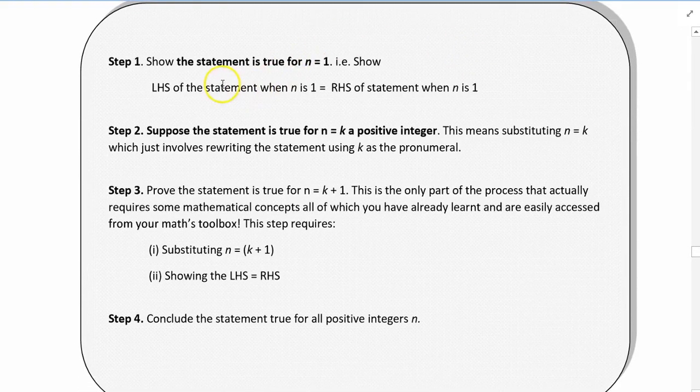So, back to here, step 1, we're always going to start, show the statement is true for n equals 1. And basically, you will be showing that the left-hand side of the statement, when n is 1, is equal to the right-hand side of the statement when n is 1.